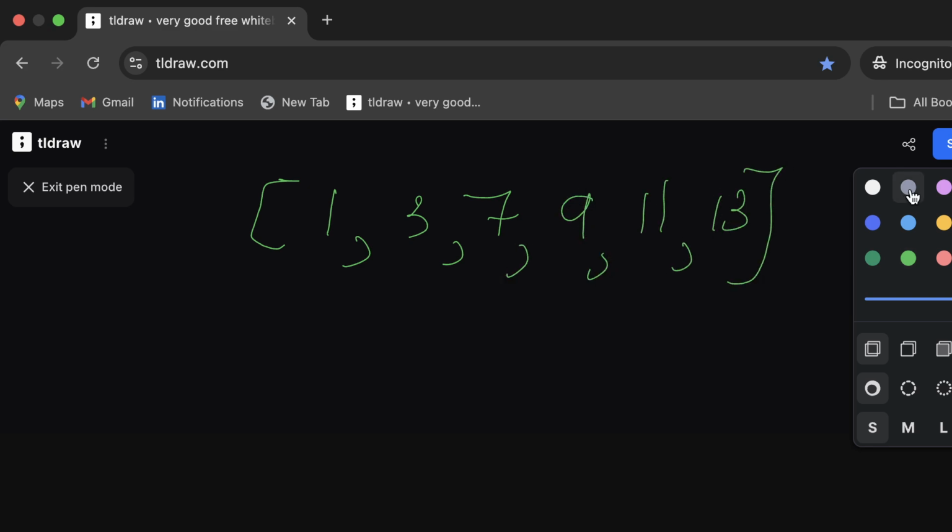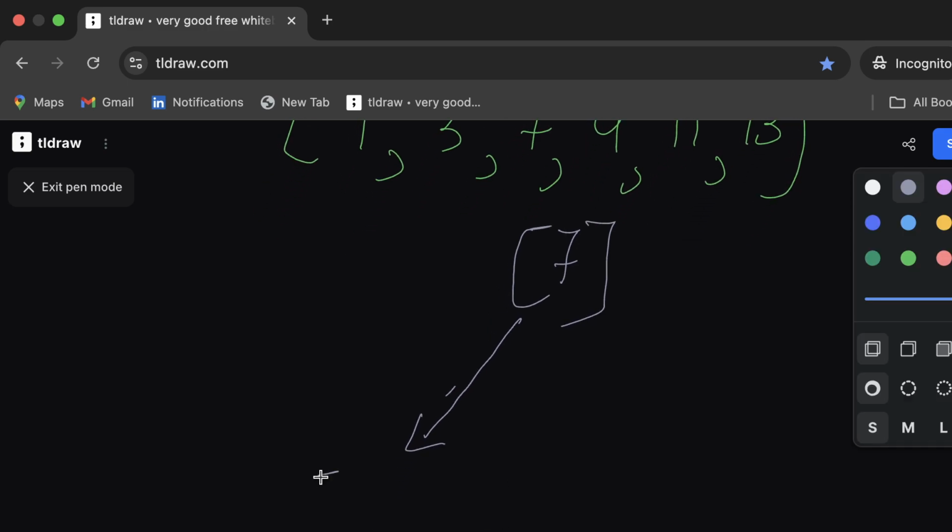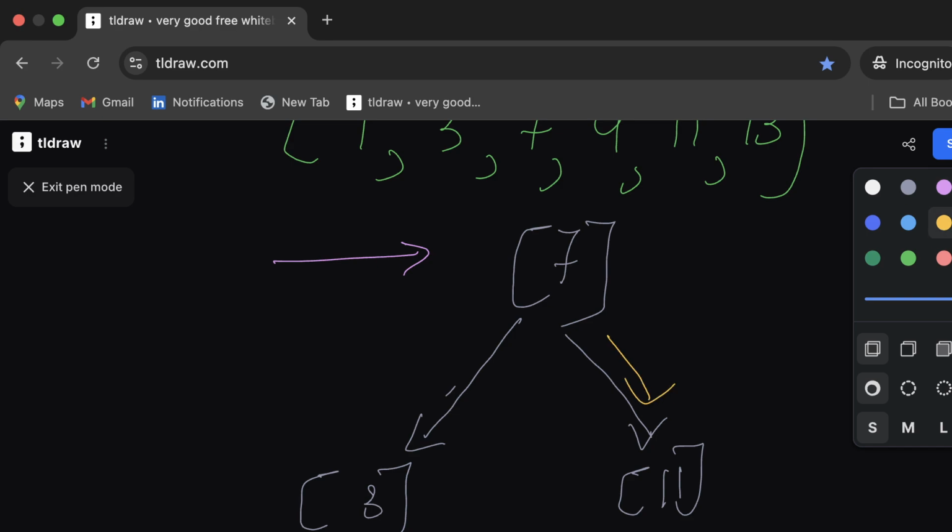When I make the first call, what I'm going to do is divide it in half and search in one half. At this level I'm going to check on which side I should go: should I go on the right, or should I make the call on the left?